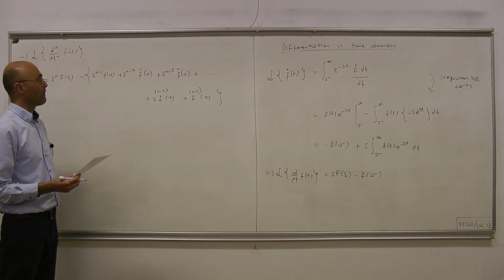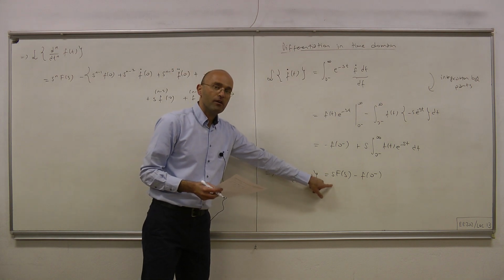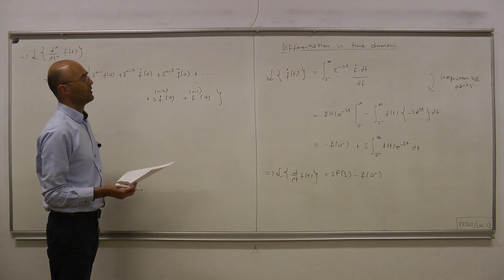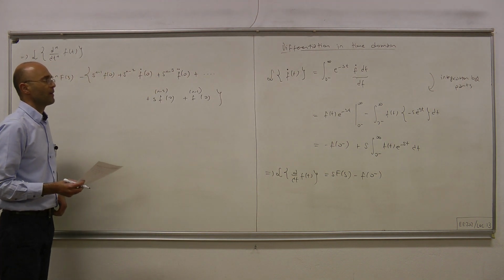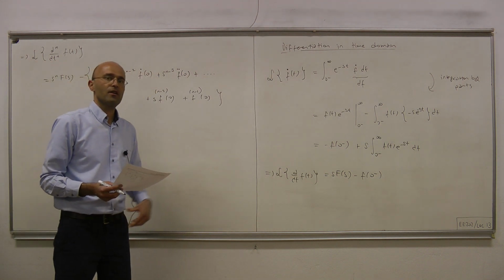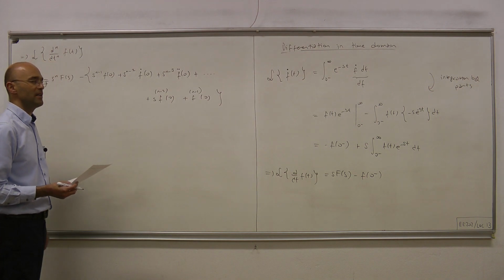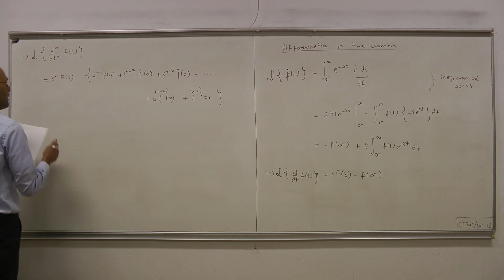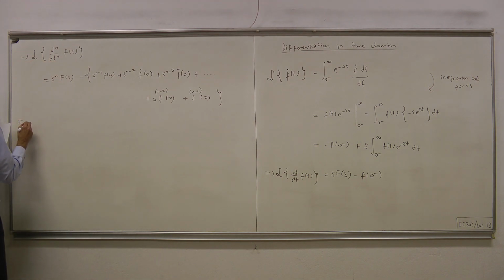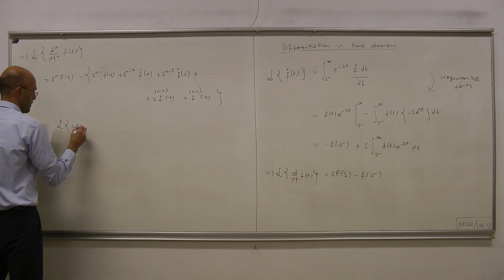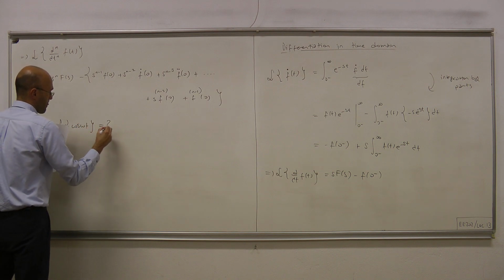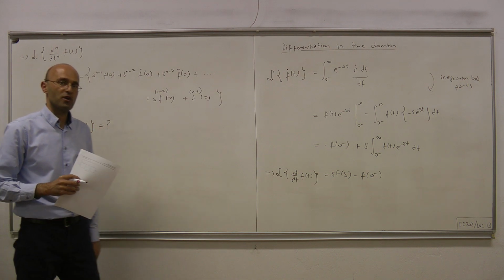Okay, now using what we have just discovered, the differentiation in time domain property, let's figure out the Laplace transformation of our other sinusoidal function, namely cosine omega t. Example: figure out the Laplace transform of cosine omega t.